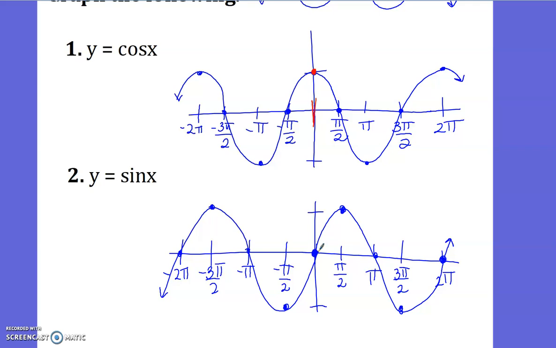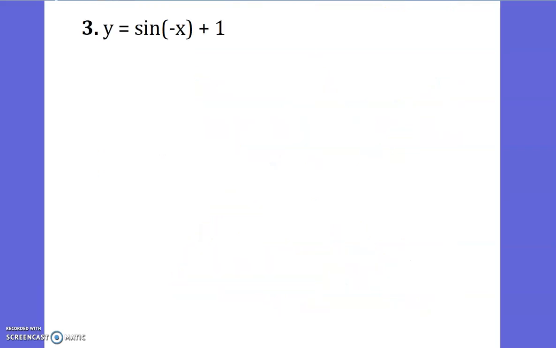So I want you to save these and use these for the next few problems that we're going to graph together. And all we're doing to these is applying the transformations. Okay, so here's number 3. We have y equals sine of negative x, plus 1. So we're thinking about the sine graph and what transformations we're doing here.